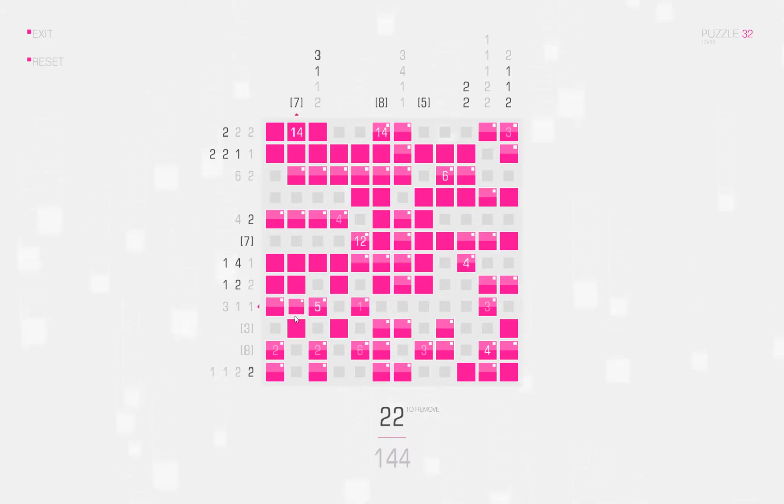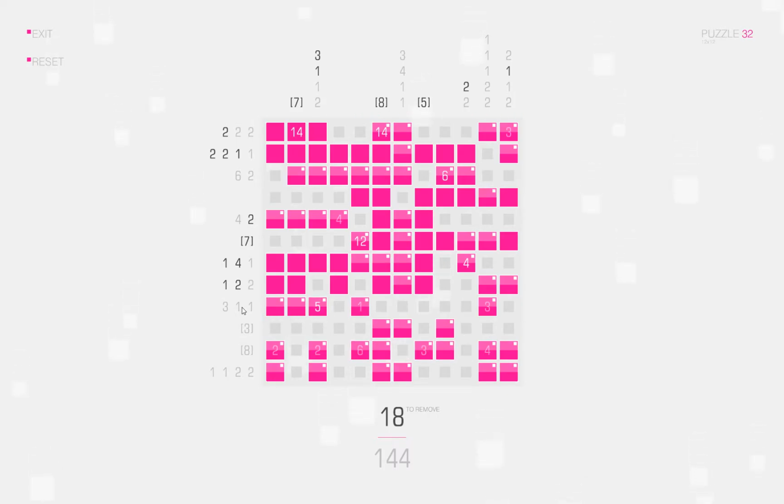We need 2 more. We could go down there. No, we could not, because we have our 3 here. So we delete the rest of the line. Good. Oh, sorry. That actually means that this column, the last one, has to be a 2. Now we have our 4, so we can delete this one. So we know this, in this column, this is the last 2, so this is the first 2. Yeah, we knew that before also.